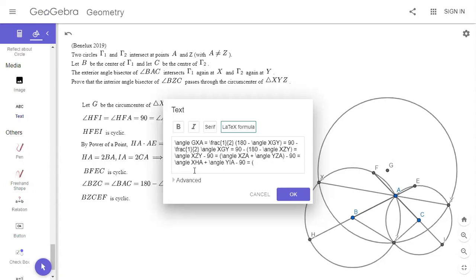Yeah, okay, so XHA is equal to YIA because XHA is 90 minus XAH and YIA is 90 minus YAI, but these two angles are equal since this is a bisector. So yeah, this is a kind of long angle chase, but maybe there's a way to simplify it.